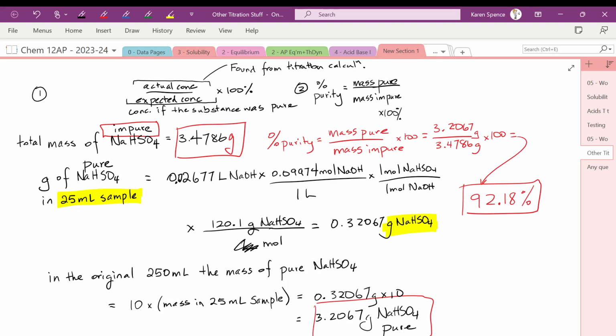Are you guys happy just seeing it, or do you want me to walk you through it? You also did it, so you're good. Okay, very cool. If I were marking this, I would be like, why is the percent purity hiding up at the top? It's in no logical order.